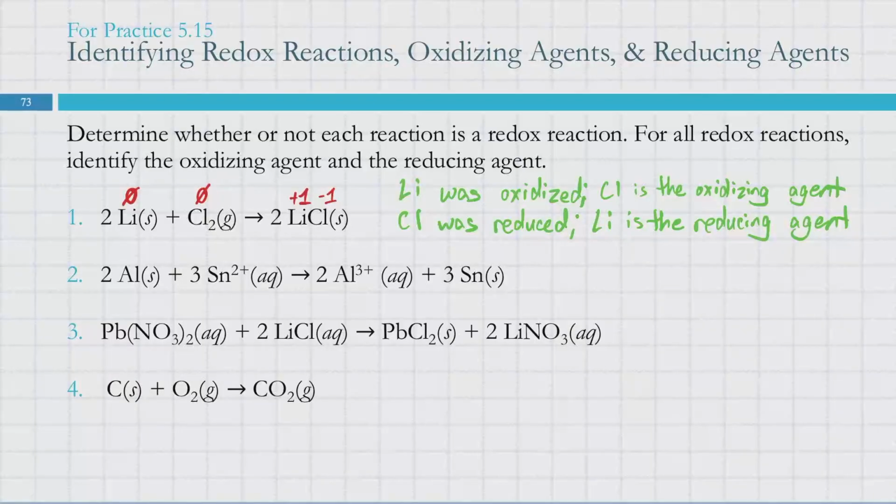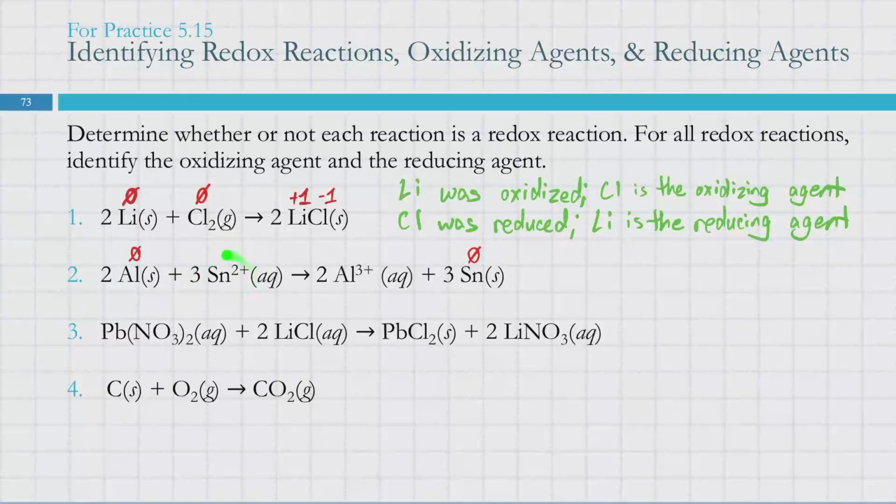All right, 2, we've got this reaction between aluminum and tin. Aluminum is in its normal natural state as aluminum metal. On the right side, tin is also in its normal natural state. So it gets a 0 for its oxidation number.